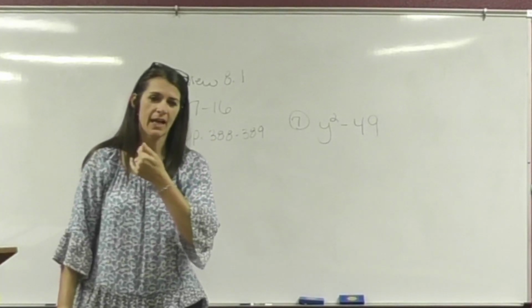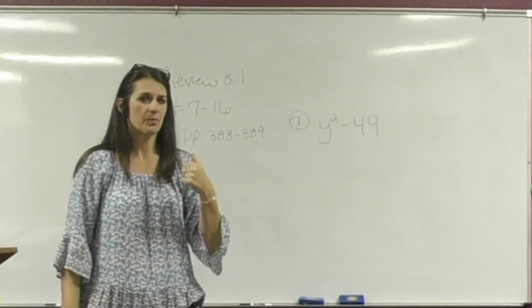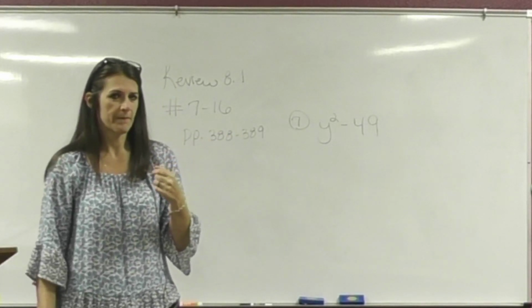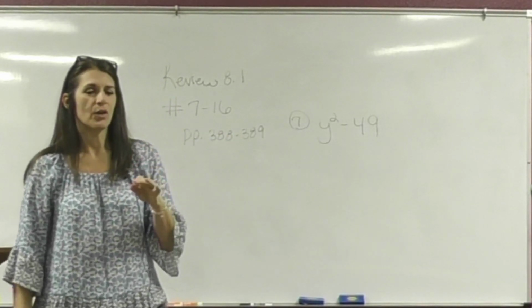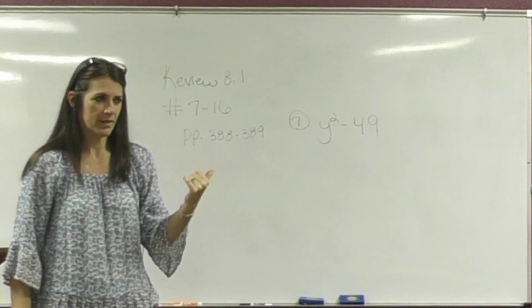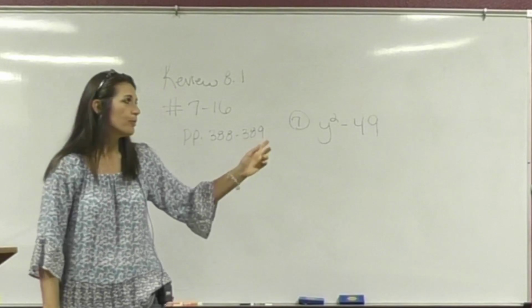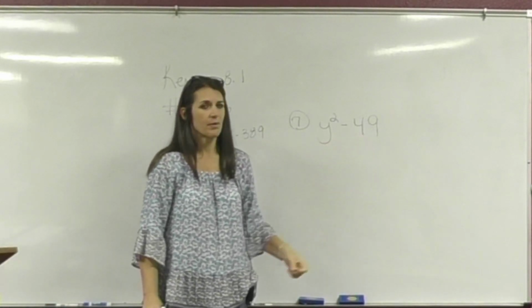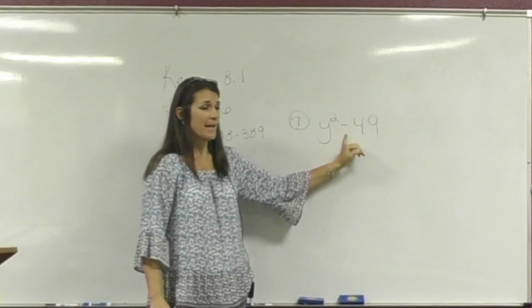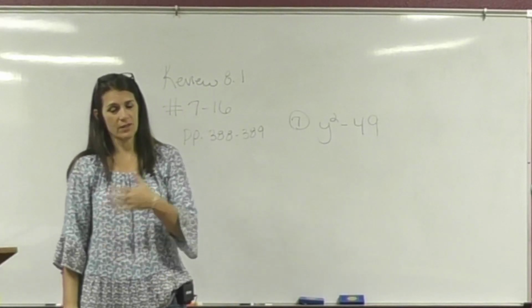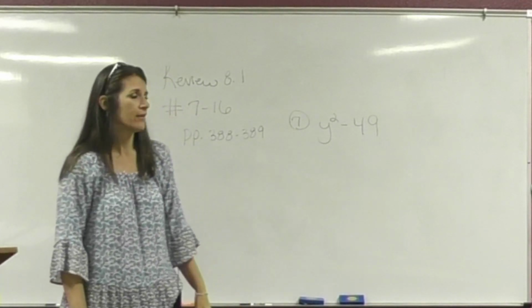There's nothing I can take out, simplify, but I've got perfect squares. So I know, though, that under these circumstances, I can only factor 2 perfect squares that are separated by a minus sign. That's the only way that those will factor, okay?